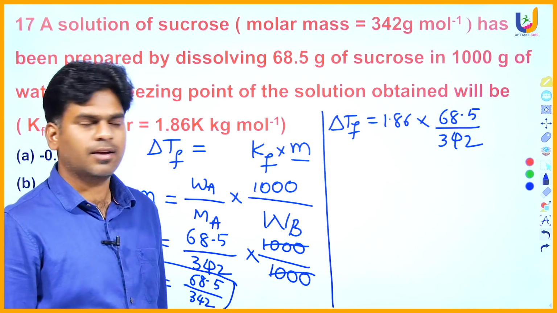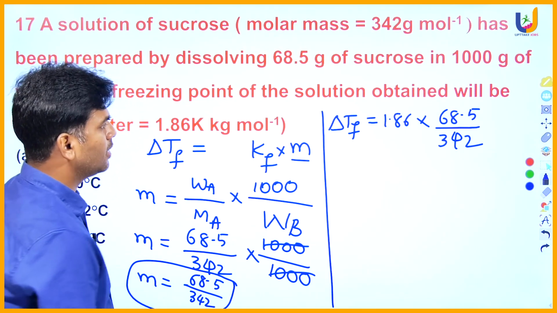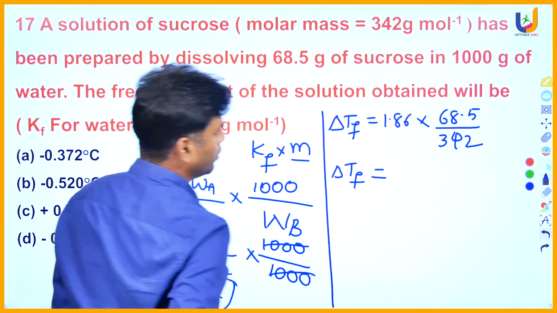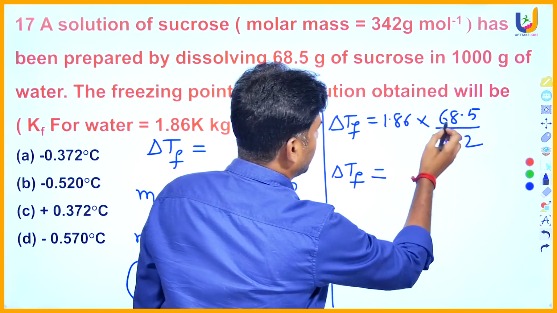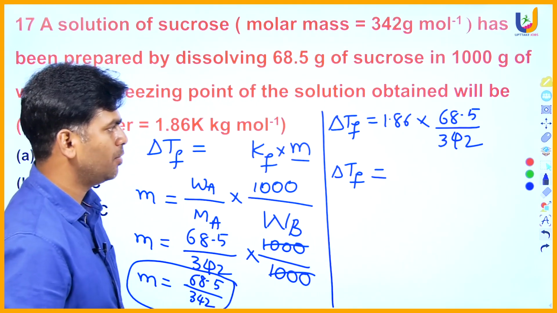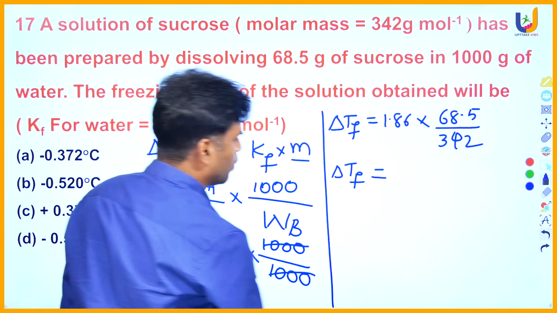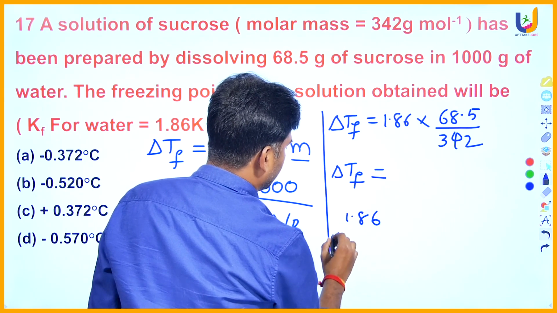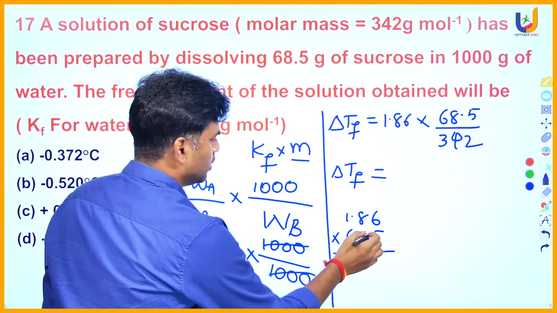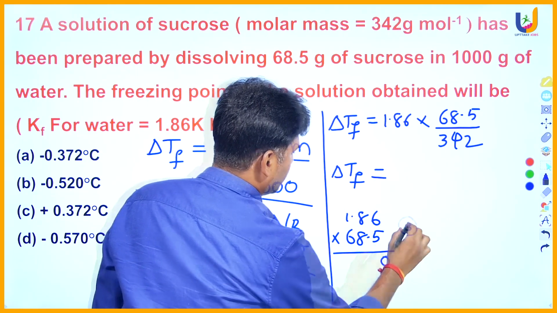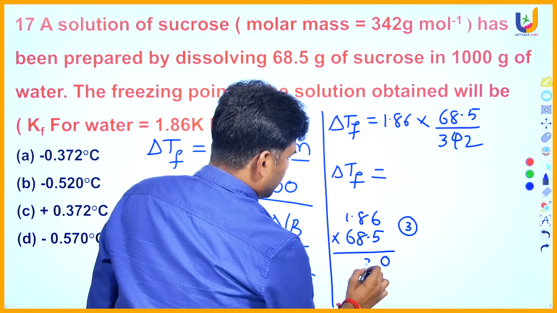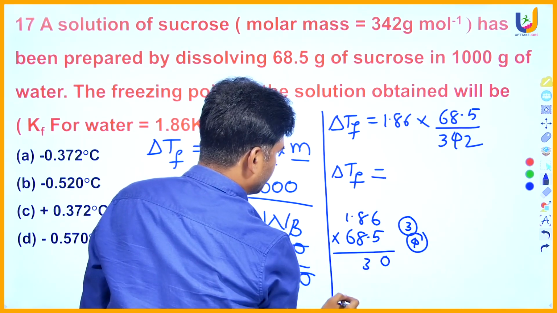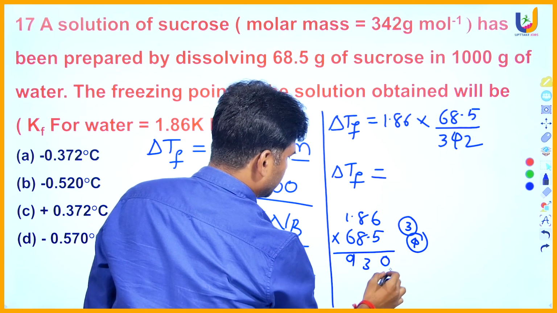So finally, delta Tf is equal to 1.86 into 68.5 by 342. If you simplify, first 1.86 into 68.5, if you multiply, how much do we get? 5 sixes are 30, 5 eights are 40, 43, 5 ones are 5 plus 4, 9.